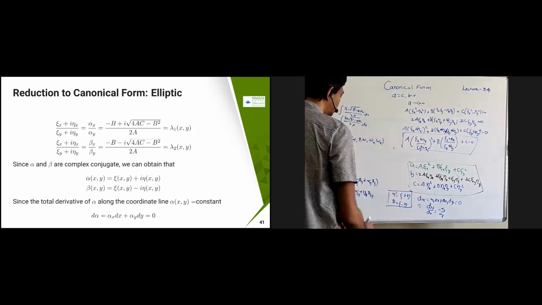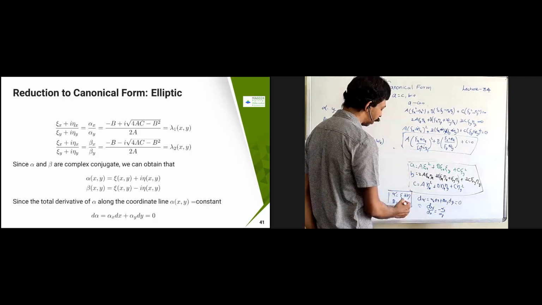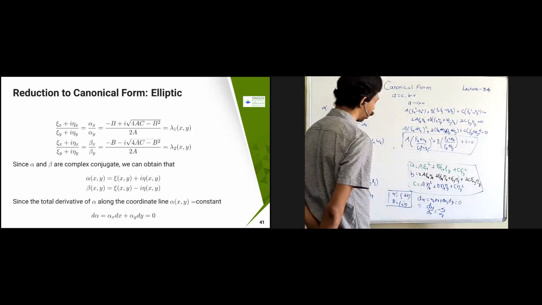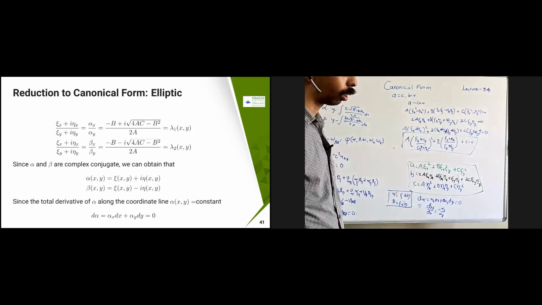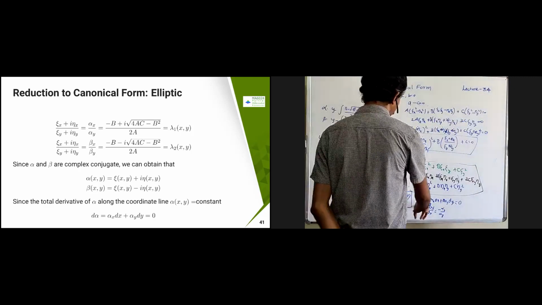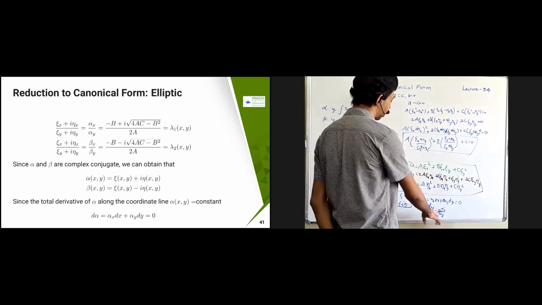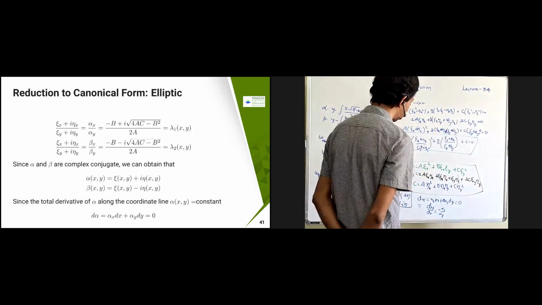So here I am going to take alpha as chi plus i eta, and beta equal to chi minus i eta. Okay, so these two terms I am going to take. Again, same kind of things. D alpha is going to be 0, so we are going to get the characteristic equation. So dy is going to be this one.